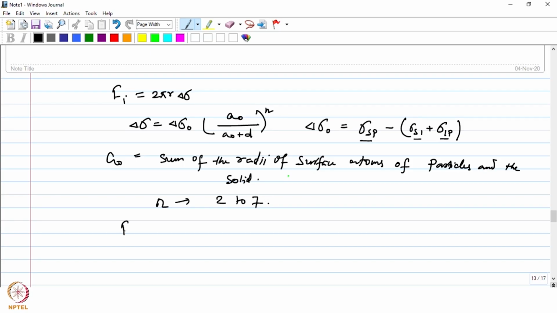So for a planar interface, this is the interfacial force, if we replace delta sigma in terms of this particular expression.